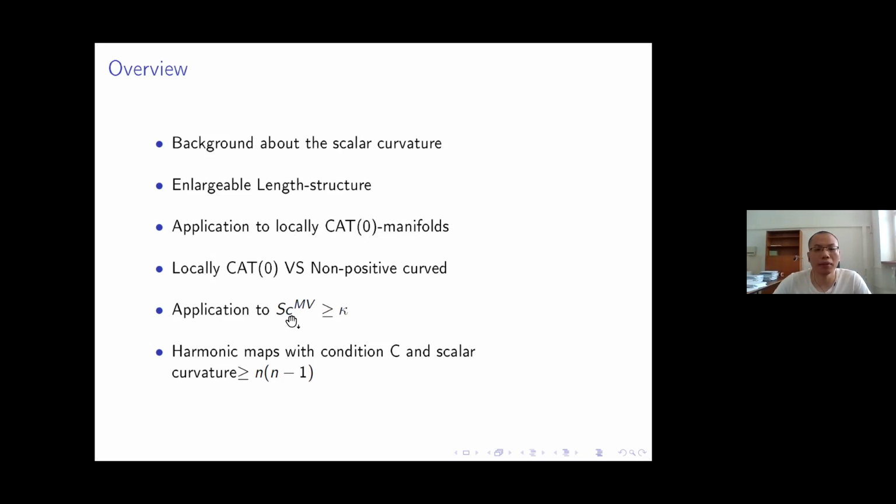I will also define the positive MV scalar curvature and show the existence of positive MV scalar curvature. I will also show the rigidity by using the harmonic method with condition C.